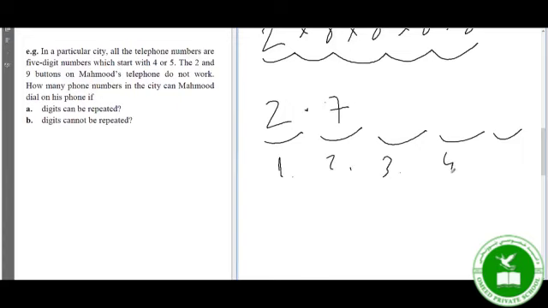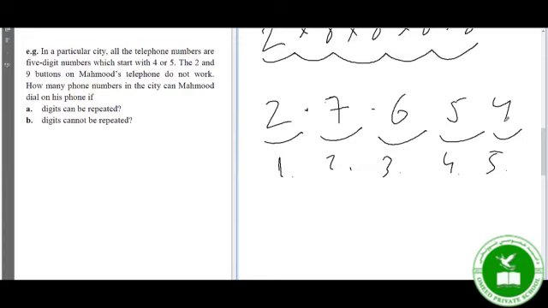For the third one, he has used another digit for the second one, so one more is decreasing. In this case, he can use 6 different digits for the third one. For the fourth one, another digit is decreasing, so he can use 5 digits. For the fifth one, 4 digits will be left that he can use.